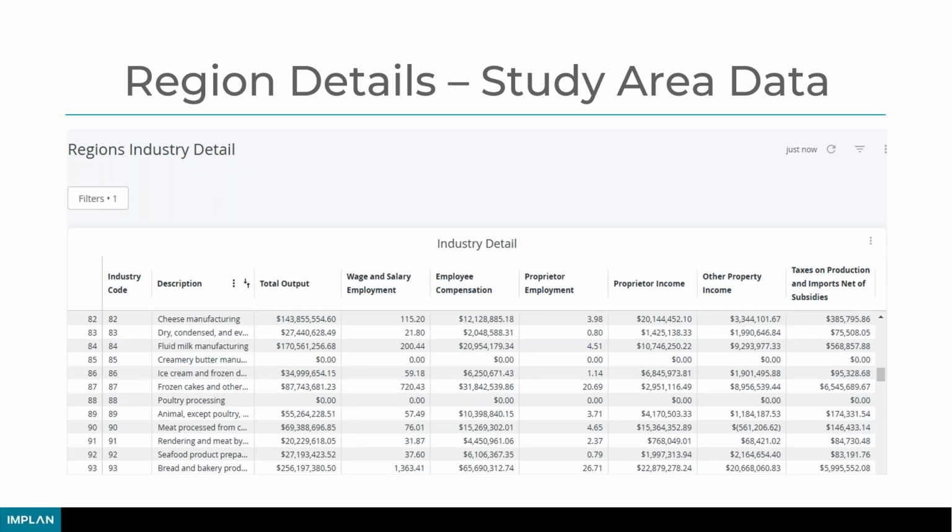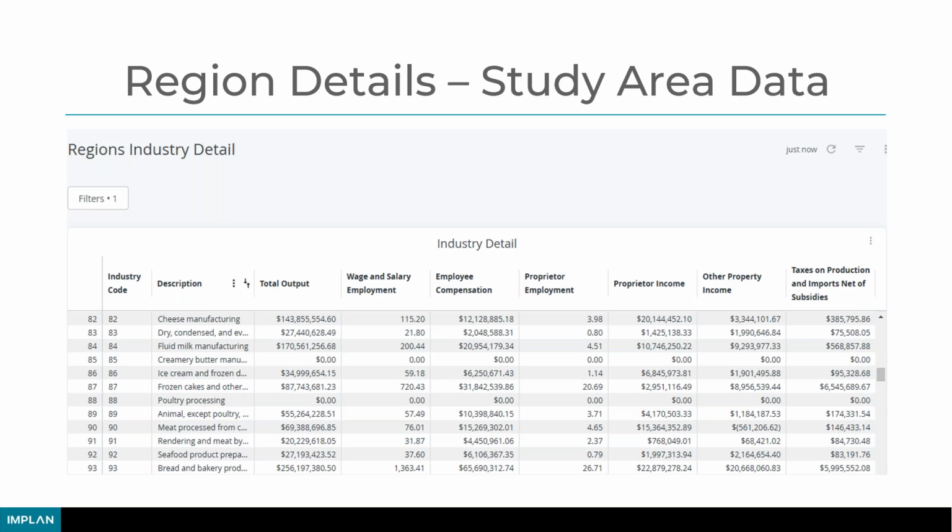So when we're looking at industry detail, we're looking at an individual county, and what this is doing is, in this county for an individual industry, say bread and bakery products, the bottom line: what is the total output?